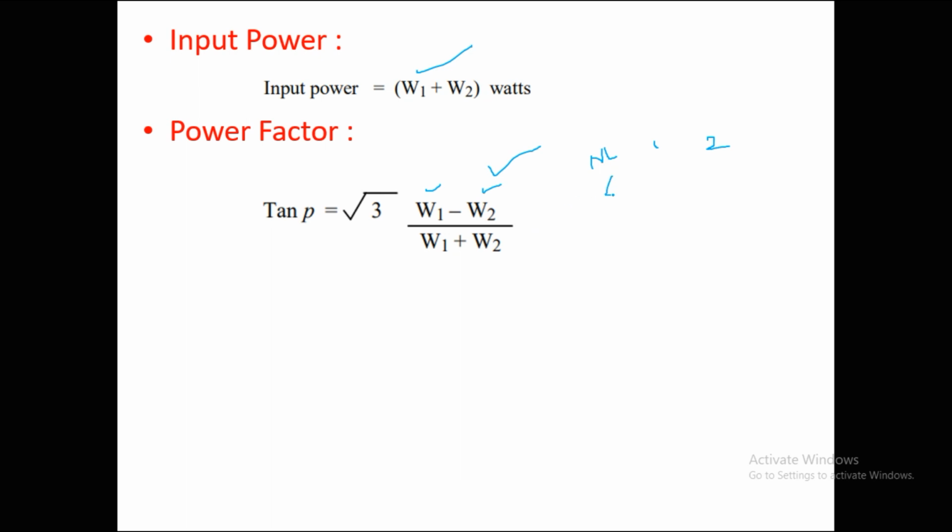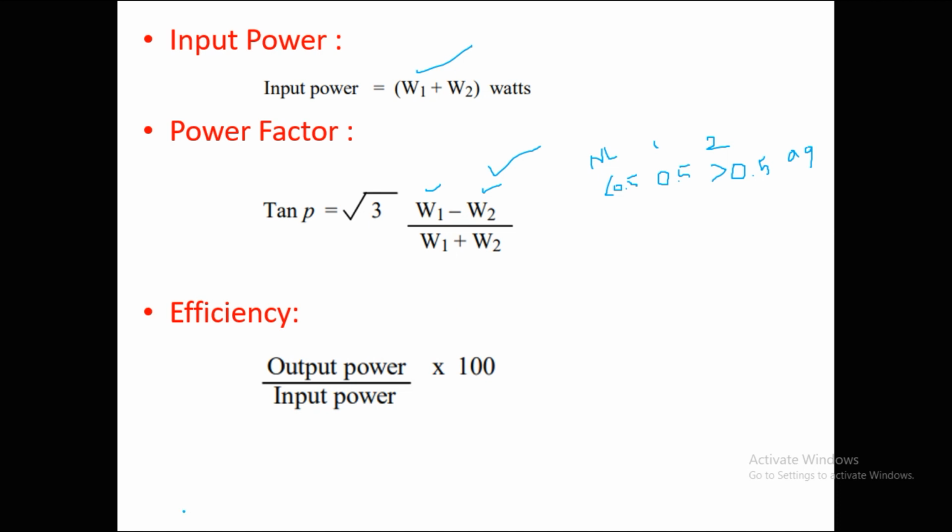For no load it will be less than 0.5, and for the very first step of load we can have exactly 0.5, and later on it is going to be greater than 0.5 until it reaches 0.9. So that's the concept. And at last we can find the efficiency of the motor.